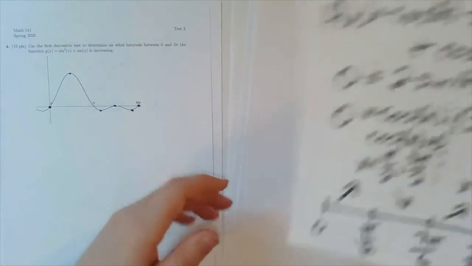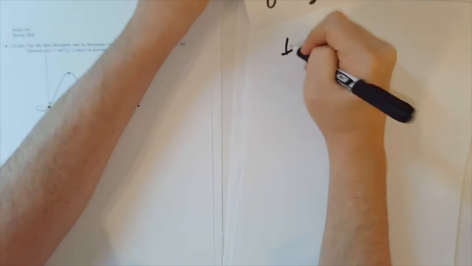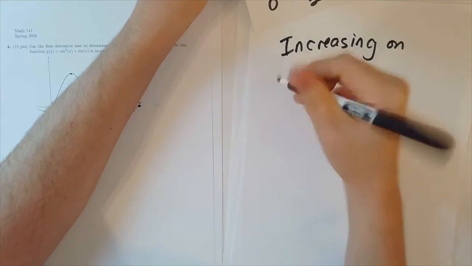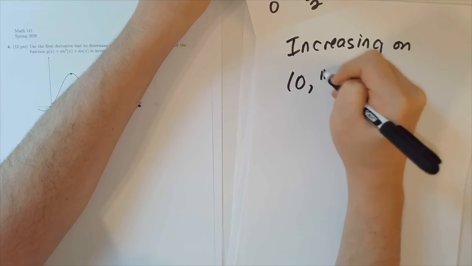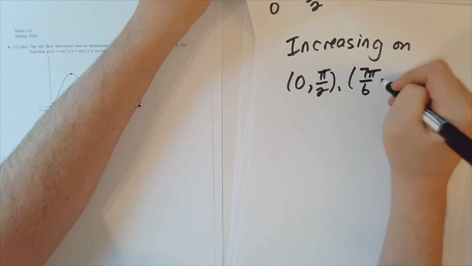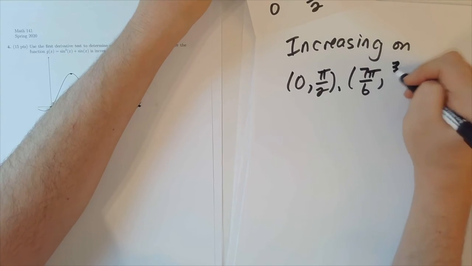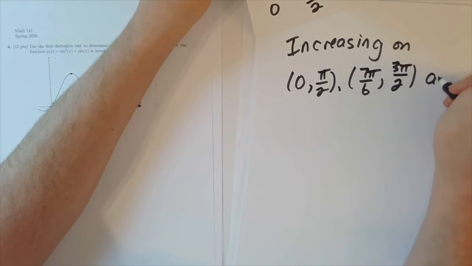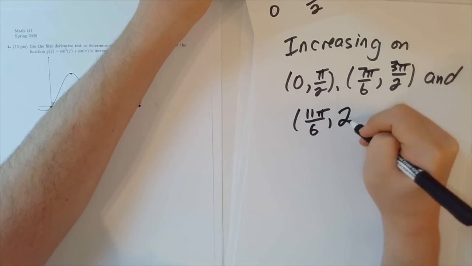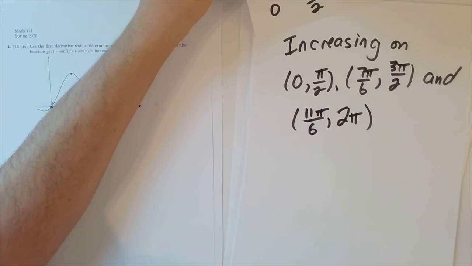Well, it's increasing on, and then we'll write this interval 0 to pi over 2, 7 pi over 6 to 3 pi over 2, and 11 pi over 6 to 2 pi. Okay, and so that gives us our answer to this question.